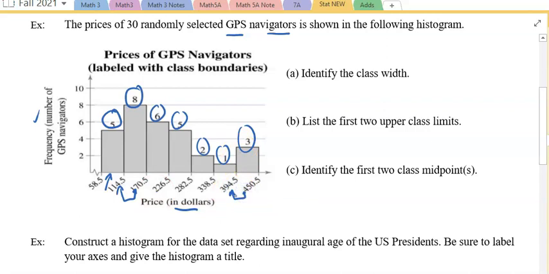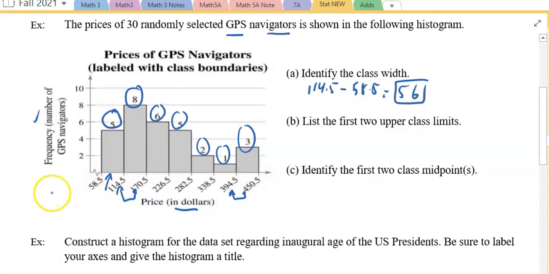So, identify the class width. Well, the class width would be what? I mean take 114.5 minus 58.5, and that would be 56. So if I look at the classes, remember how we added 0.5 on each side?